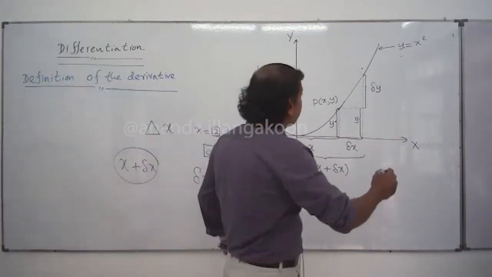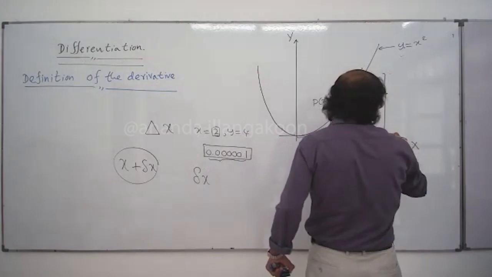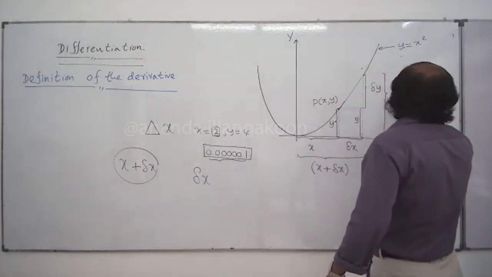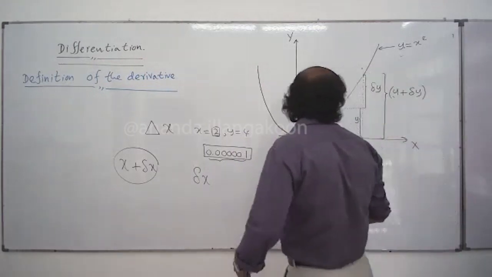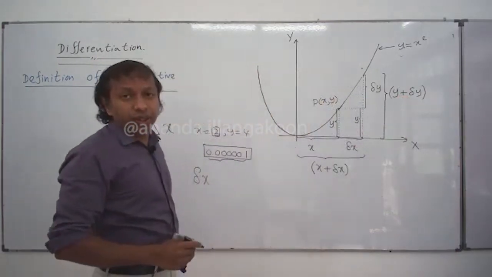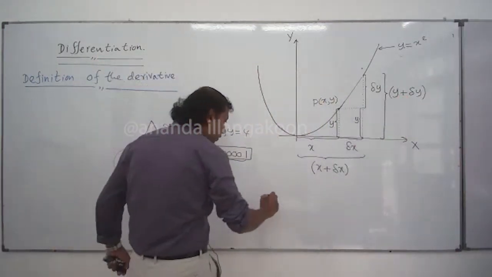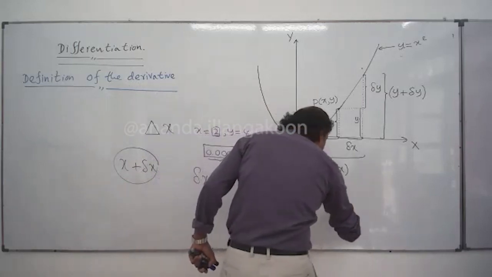Then you can very clearly understand, people, this new y value is going to be y plus delta y. Now this delta y and delta x are called increments.